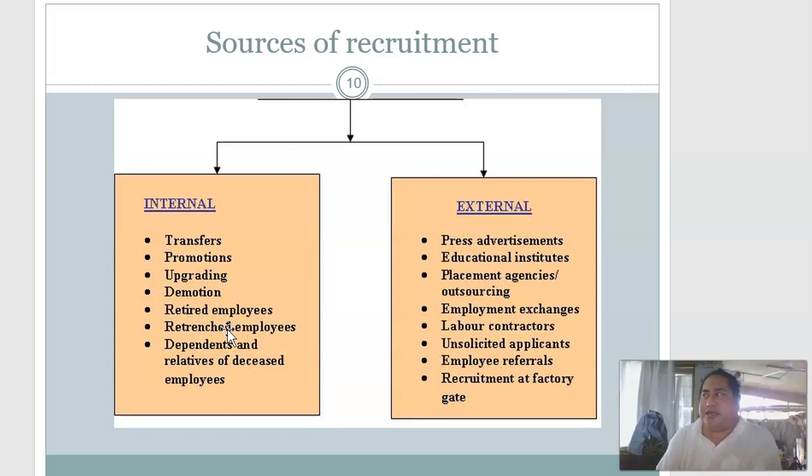The incumbent is aware of the policies, the rules and regulations, the corporate culture, etc. With external, it costs the company a lot of money, obviously. But the good thing is there's new blood and new ideas shared. It's very good for the company because you're getting new creative ideas from employees from outside, right?